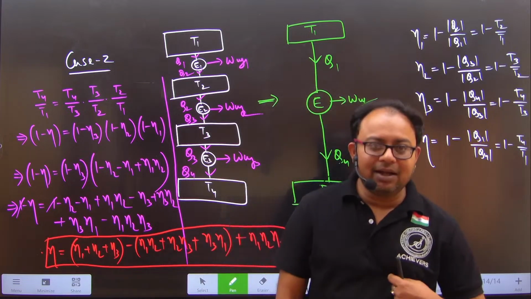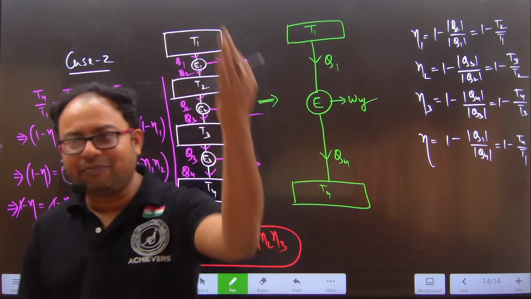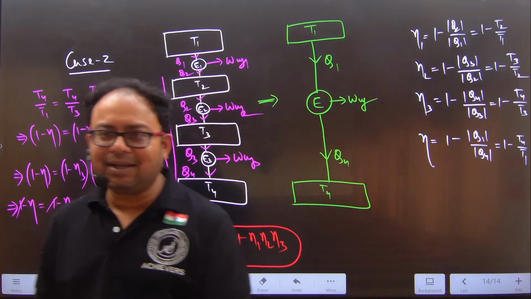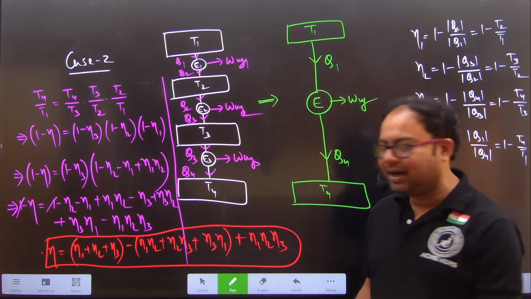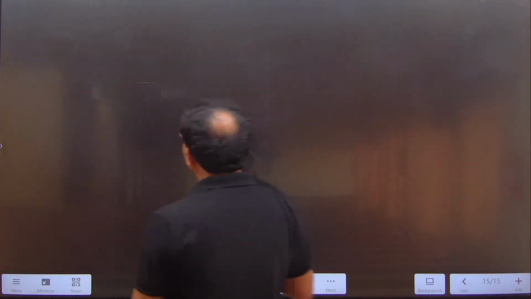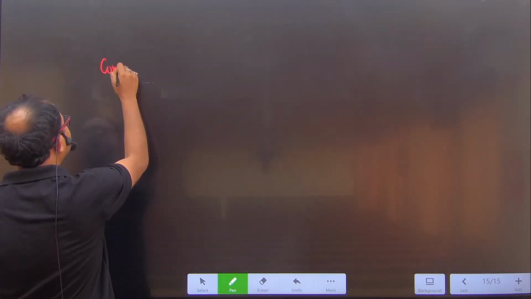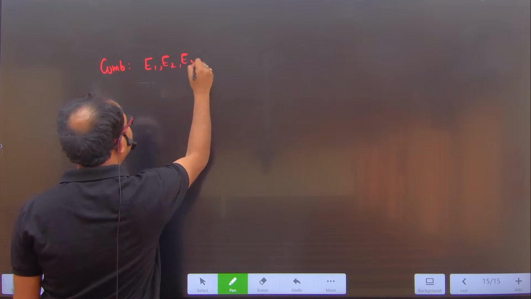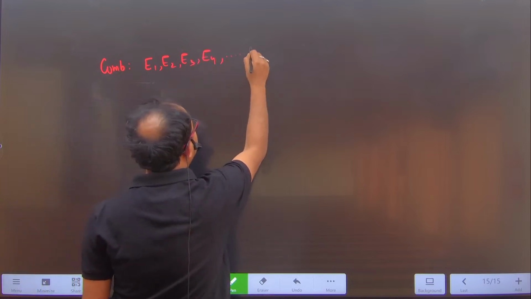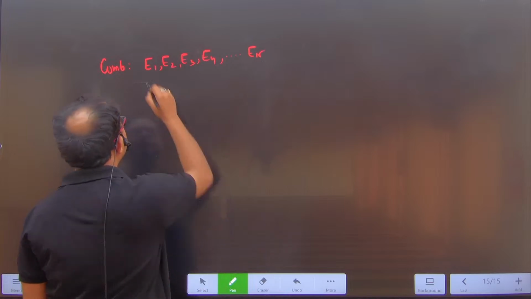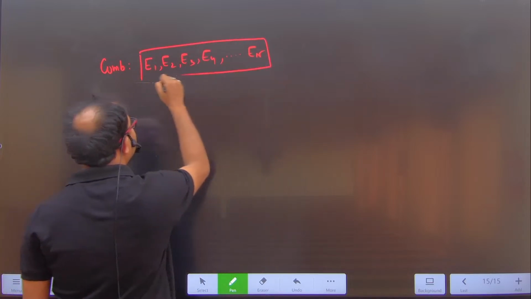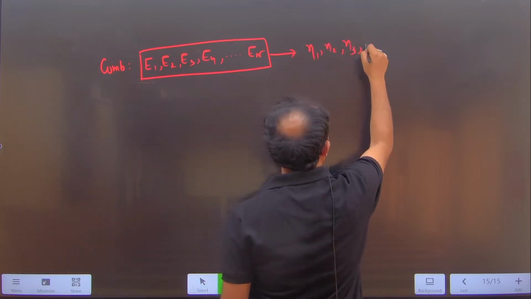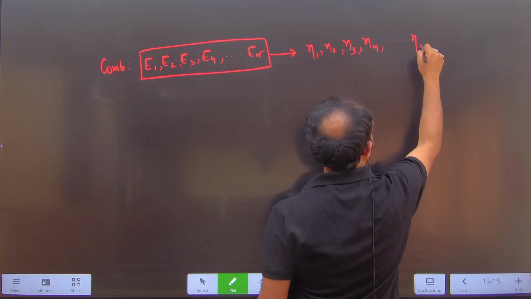Now what will be the result if we have n number of Carnot engines combined together? I mean to say, the combination is E1, E2, E3, E4 up to En, having efficiencies eta 1, eta 2, eta 3, eta 4 up to eta n.